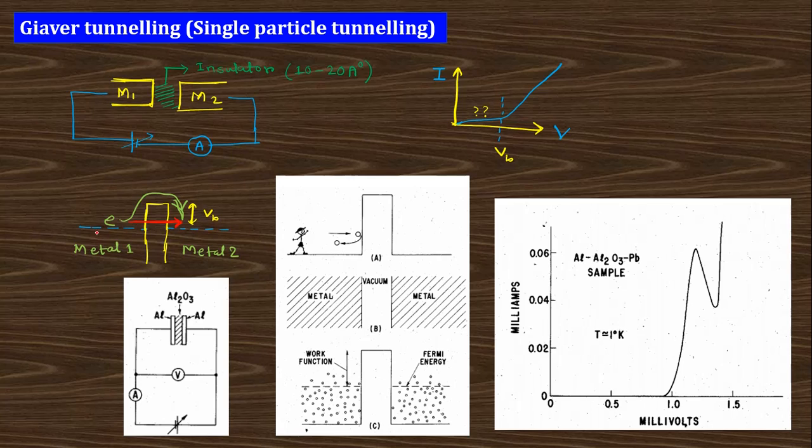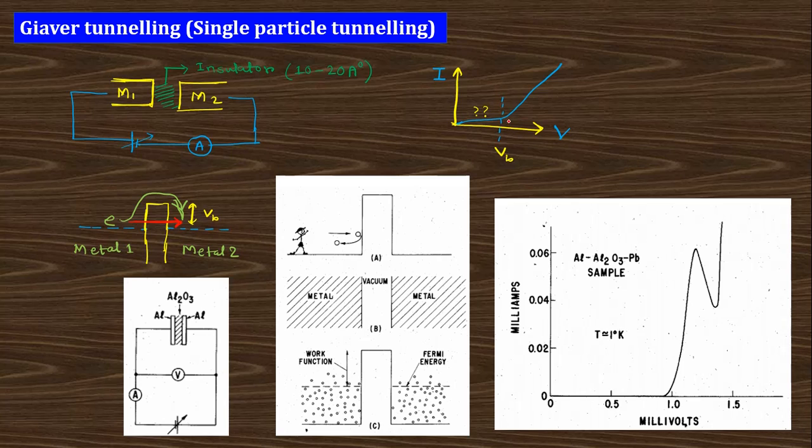If you draw the energy band diagram, this is metal 1, this is metal 2, and there is an energy barrier. The electrons cannot overcome this potential, but they can tunnel through this insulator, and after a certain voltage, a linear curve will be attained.